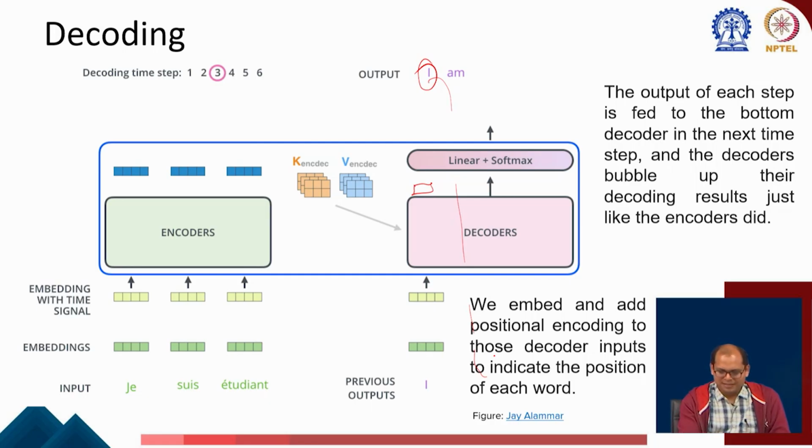So you feed it back, so this is where I is fed back, and you add the positional encoding. So positional encoding you have to also do at the decoder time, and this whole thing will go through the entire decoder, will generate some representation, the model dimension. You will apply a linear layer and softmax to project it to vocabulary dimension, and from there you either select a word or compute your loss, the cross entropy loss.